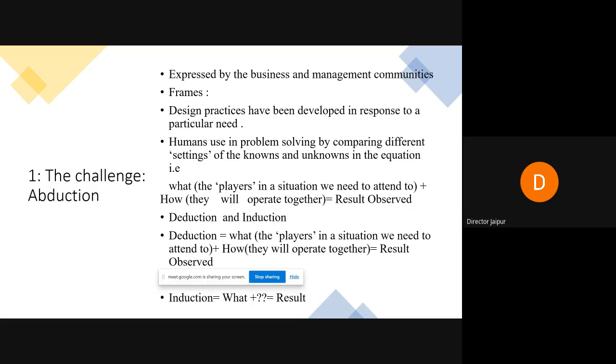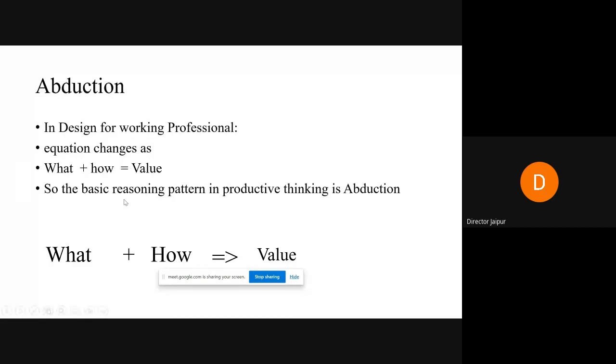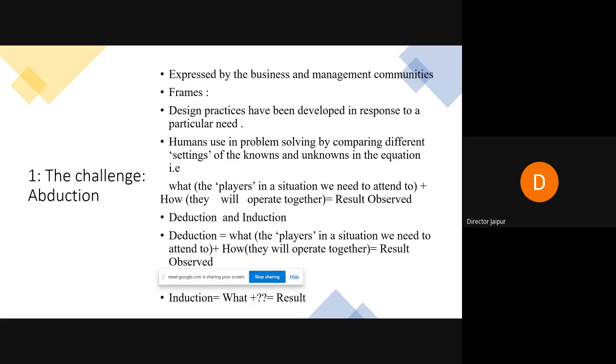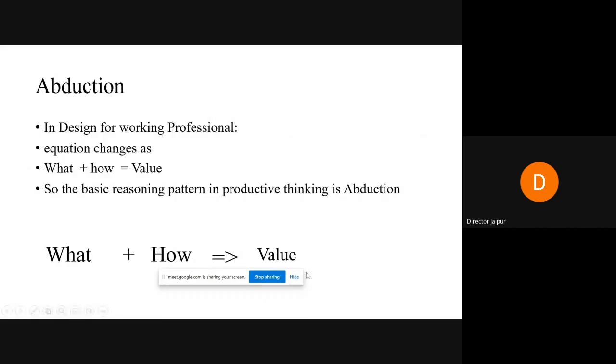In induction, what plus how was a result. But in abduction, what plus how is a value. So you're creating a value for your organization.